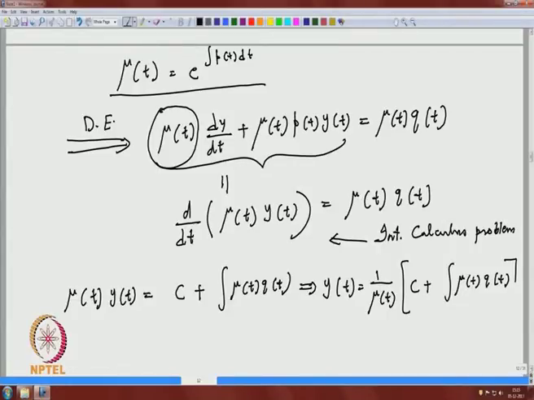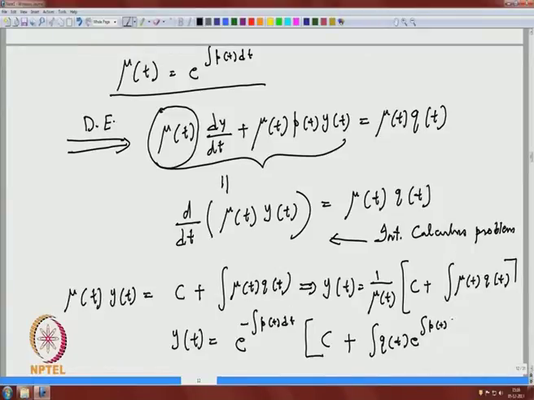So, if you substitute mu t, you get your solution. The constant can be determined by looking at what mu t is. So, 1 by mu t is e power minus integral of p t dt, times c plus integral of q t e power integral of p t dt.